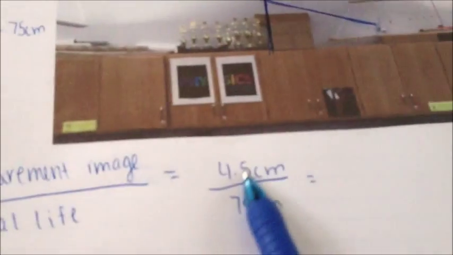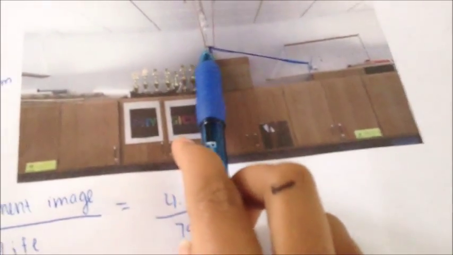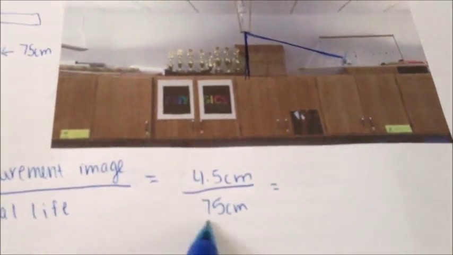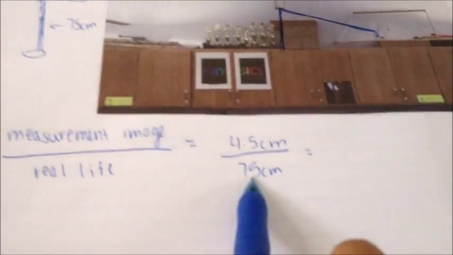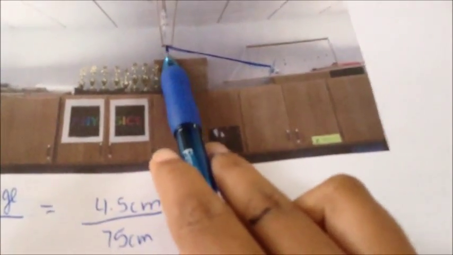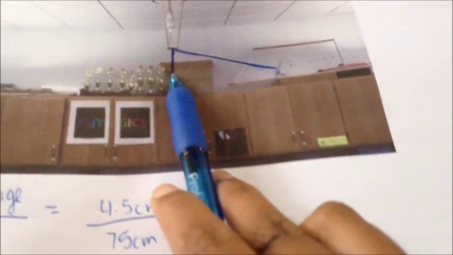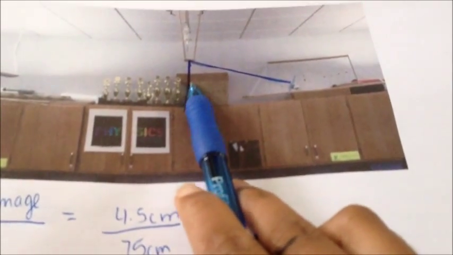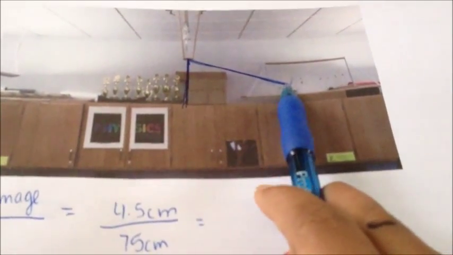So we put the 4.5 that we measured on this picture over what we measured in real life, which was 75 centimeters. Now we can continue this proportion by figuring out the radius in this picture. Now, assuming this is the center, we're trying to find the distance between the center of the circle to the outside. So if we measure this, we find that it's a little bit less than 4.